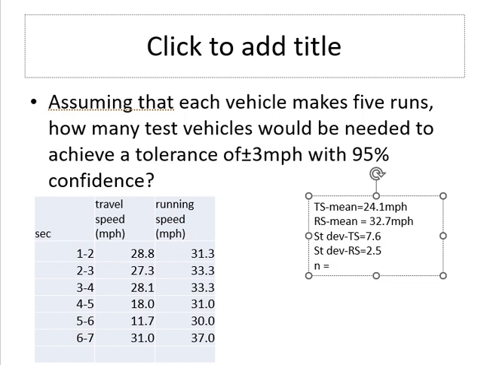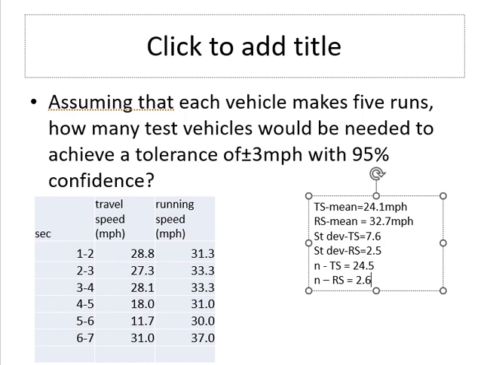The standard deviation will change for each one of them. 24.5 for travel speed, and for running speed, 2.6. In both cases, we will do what? Round up or round down? Round up. Now the question was how many vehicles should be hired, right?